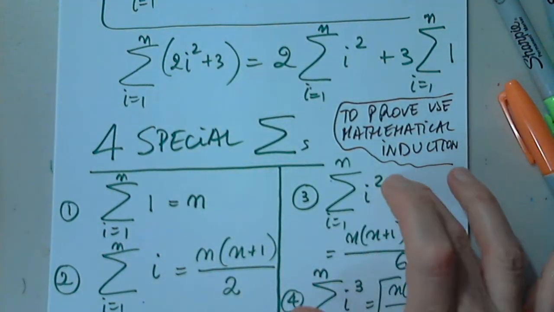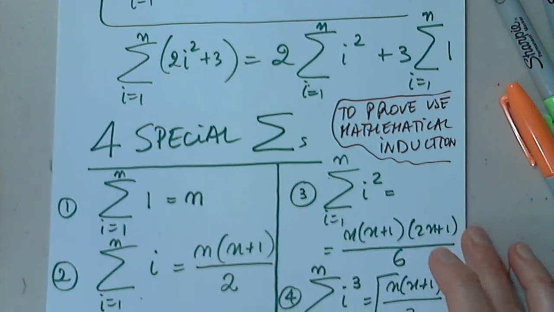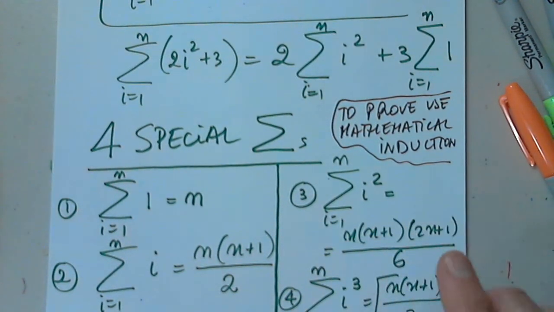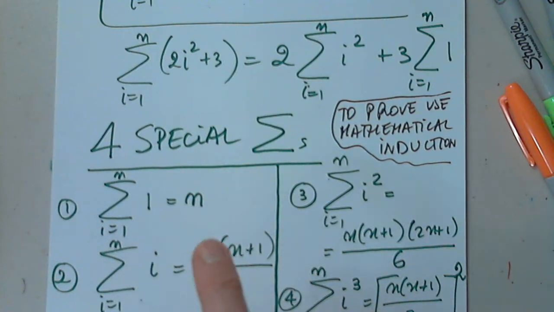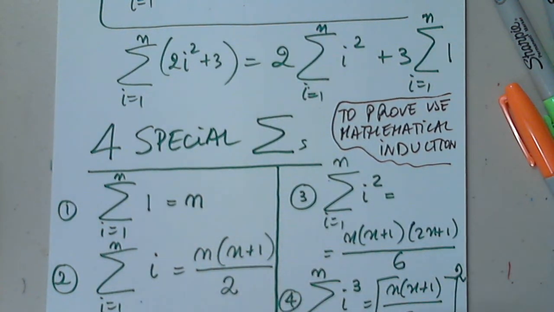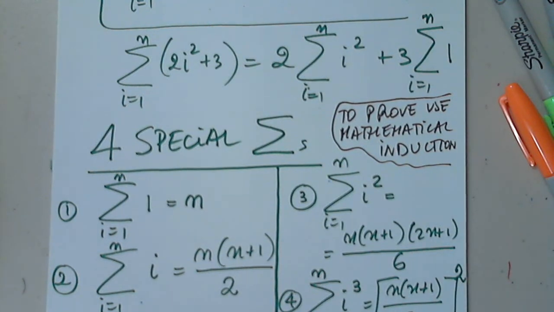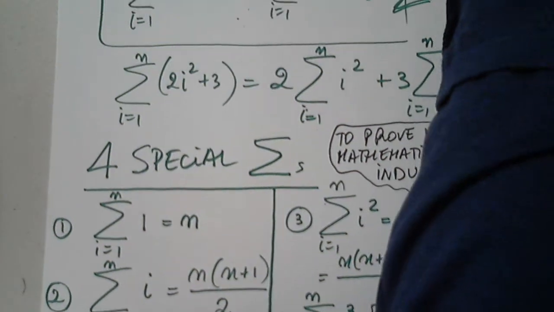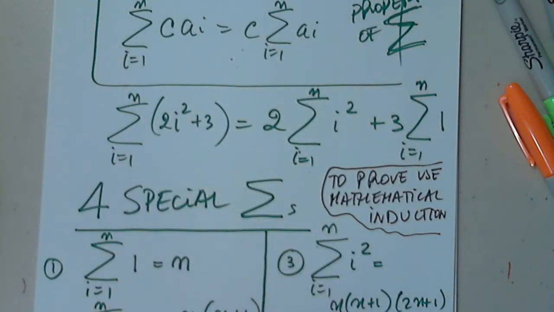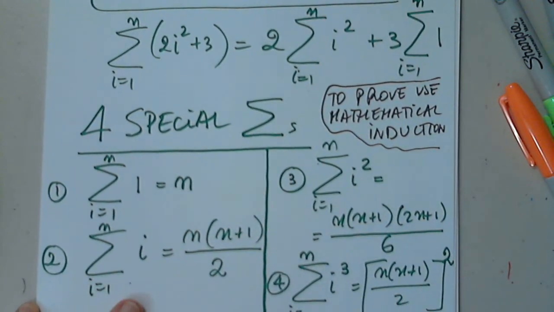The sum of i squared is the most complex: n times n plus 1 times 2n plus 1 over 6. These two are very close. n times n plus 1 over 2, this is the same, but squared. Okay. Any questions on this?